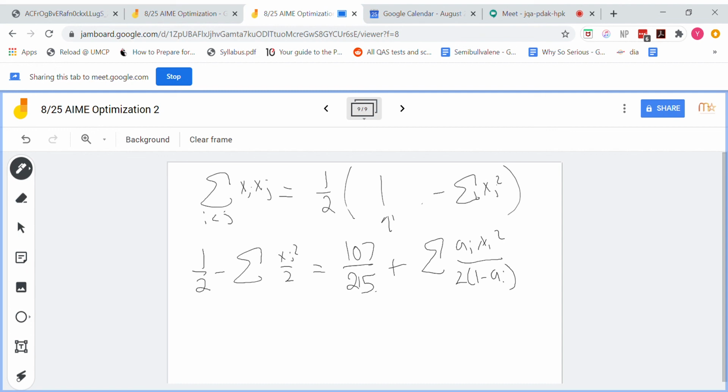That's pretty weird. But now if we combine these two, we have an xi squared term and an xi squared term, and then we move this to the other side.